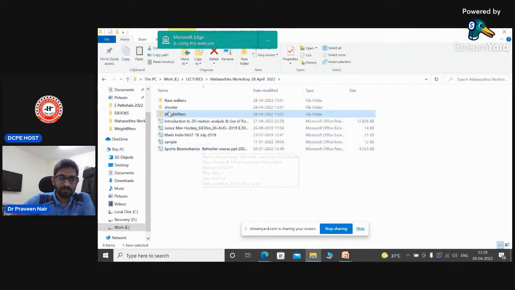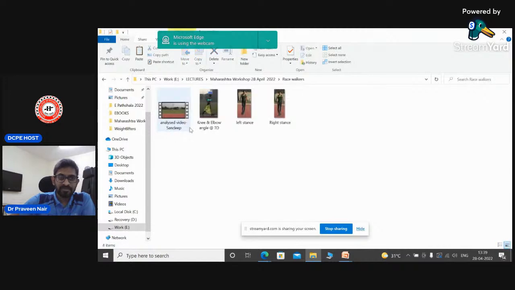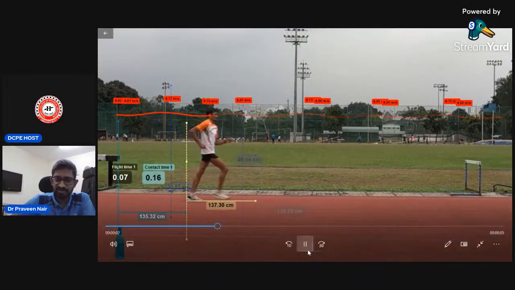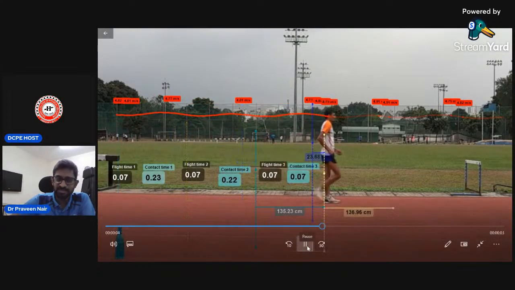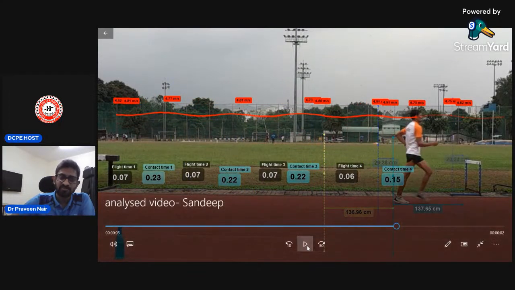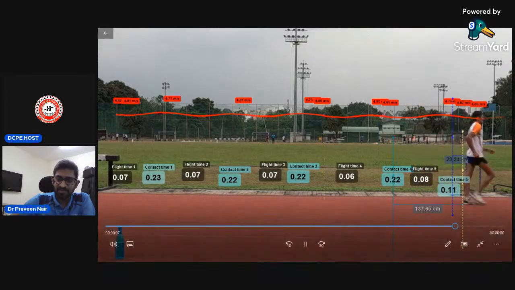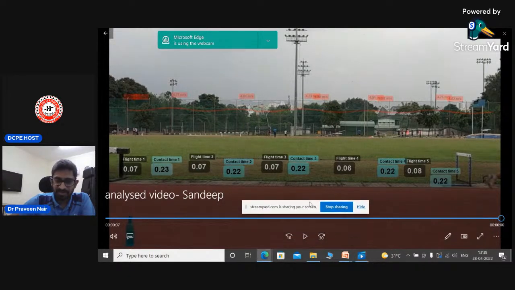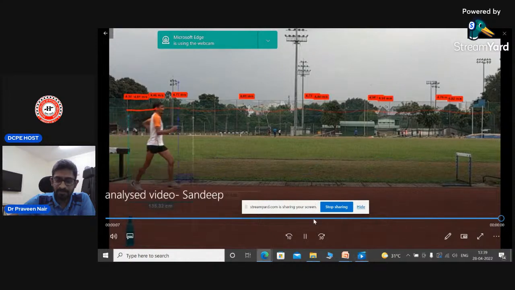Then, so yeah, this is the analyzed video of a race walker, again using the same Kinovea software. As you can see, we have found out the flight time, the contact time, and the step ratio itself.